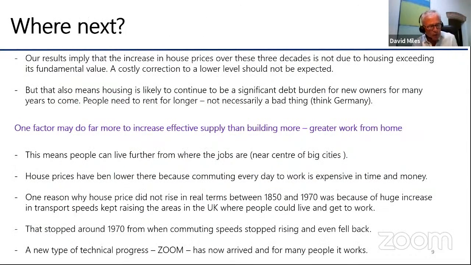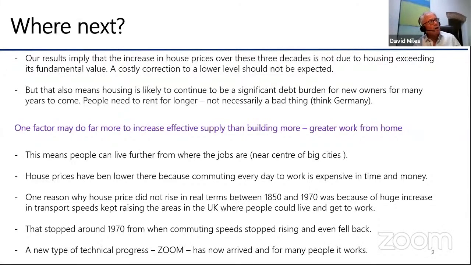So let me just say a few things very briefly about where we might go next. The first point is that because house prices are likely to be highly sensitive to the level of real interest rates, and I'm talking again about inflation adjusted interest rates, because we're trying to explain the real house price in terms of real interest rates.